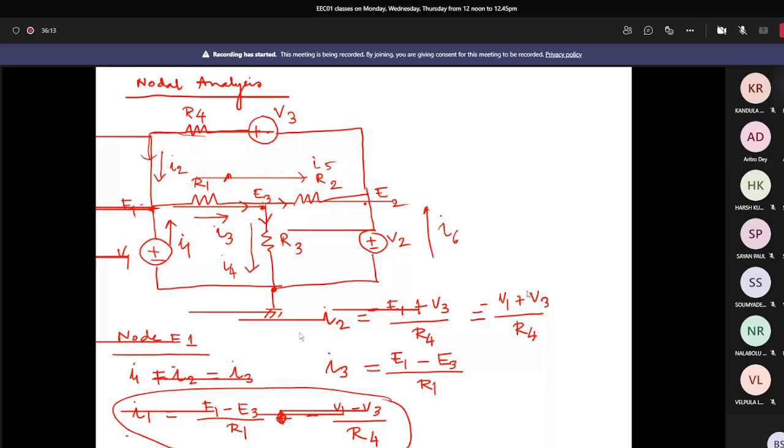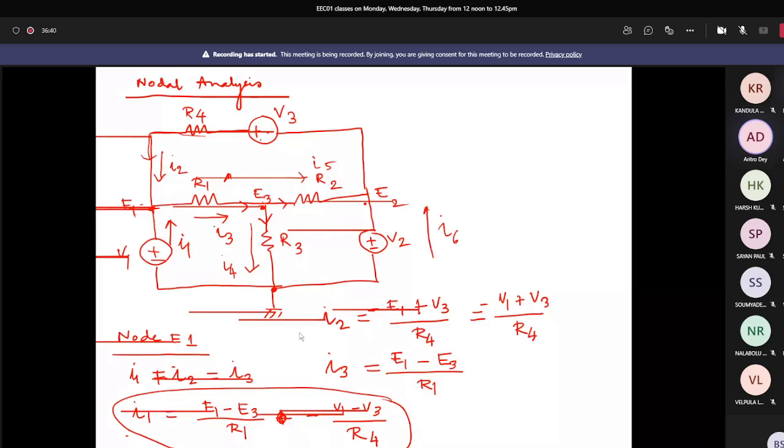I was saying about I2: before V3, if there were zero, then I could write V3 minus E1. V3 is not zero, no? V3 minus E1 by R4 is the flow of current. V3 is in higher potential and E1 is in lower potential. We assume that. Then V3 minus E1 by R4 is your I2.